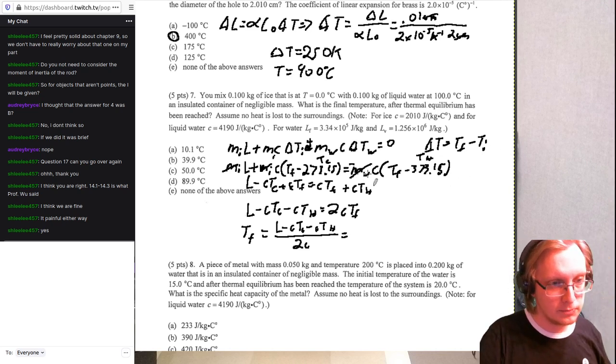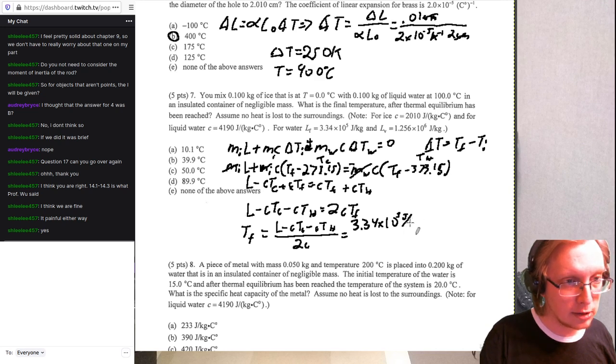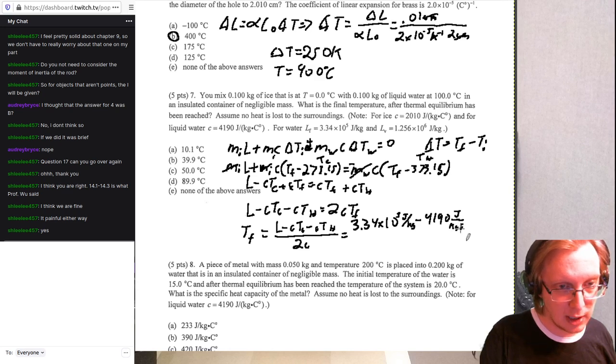So our L is 3.34 times 10 to the 5 joules per kilogram, and C is 4190 joules per kilogram Celsius, or Kelvin.